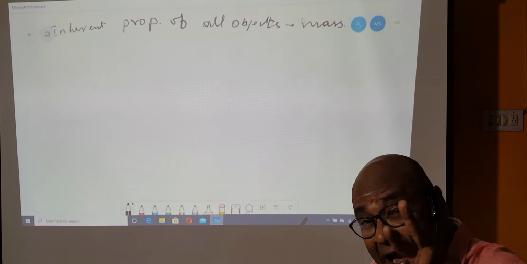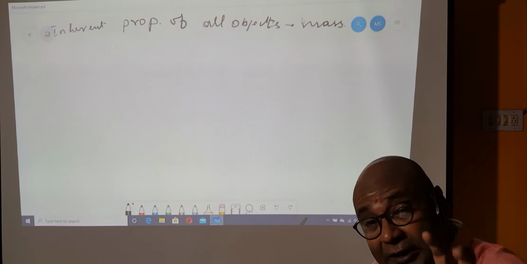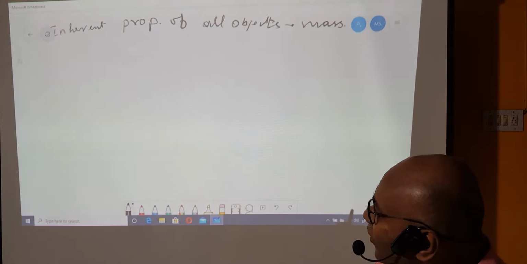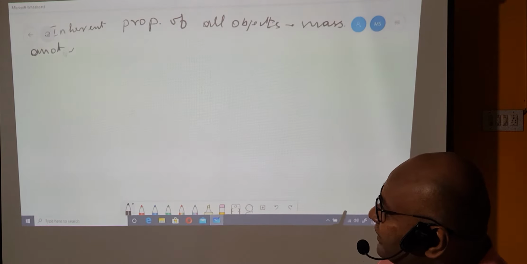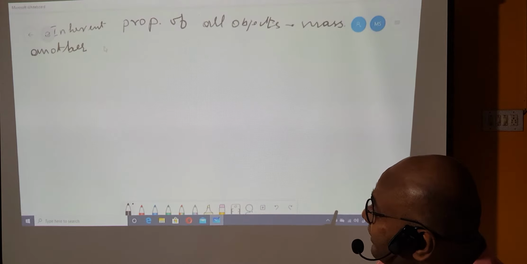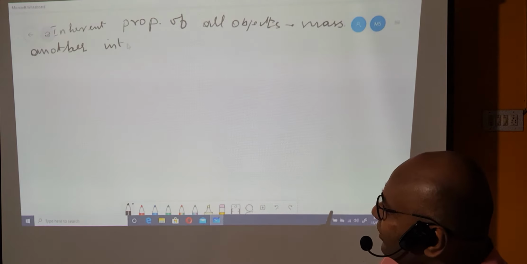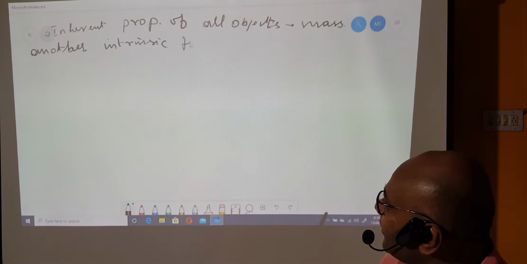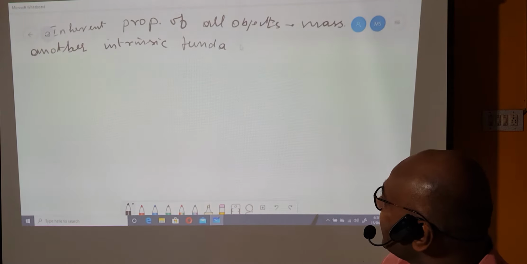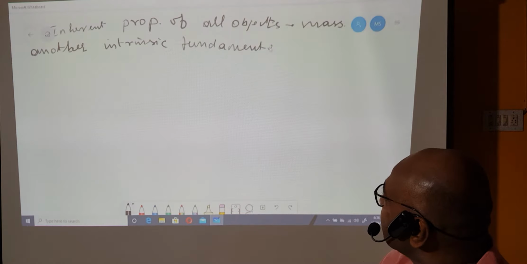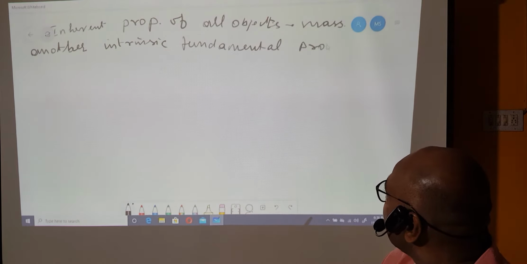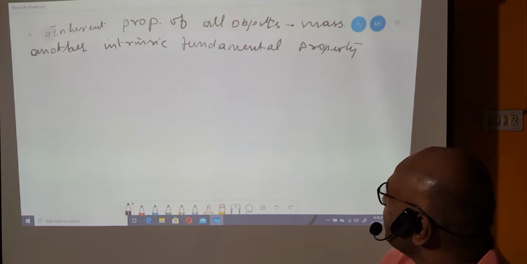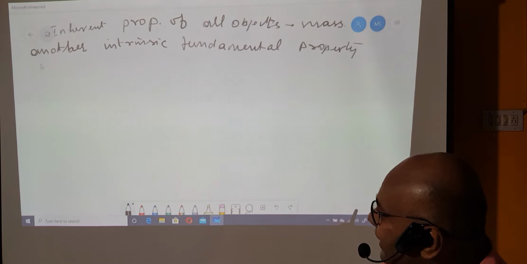And there is another intrinsic fundamental property. What is this other intrinsic fundamental property? Intrinsic means inward. Another intrinsic fundamental property is nothing but the electrical charge.